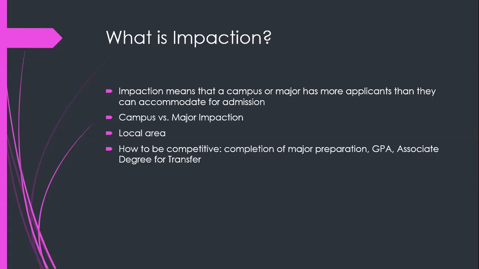And so for us, that means if you're looking, say, at San Diego State University, it's going to be very challenging to get in as a Solano student because they're going to first look at all of the applicants from their local area. And so be aware that some campuses will also be impacted in that way. And so you can have campus impaction, local area impaction, major impaction.